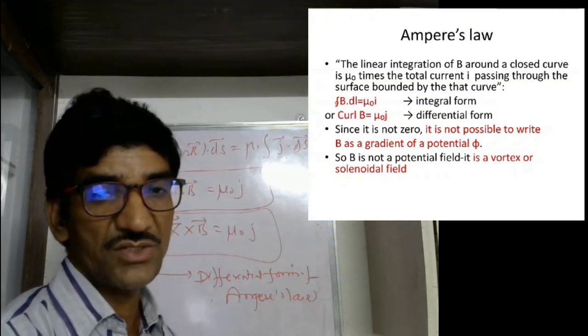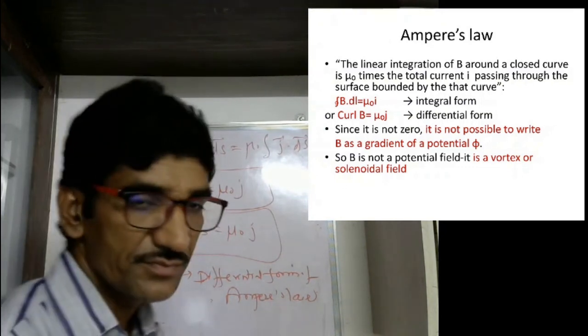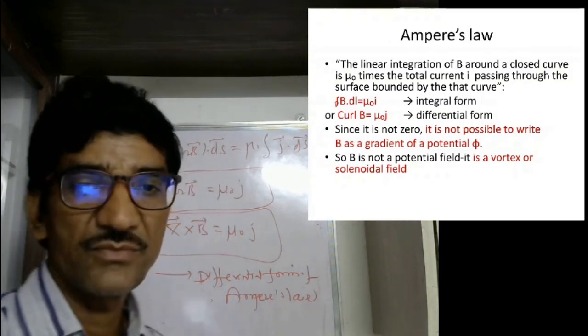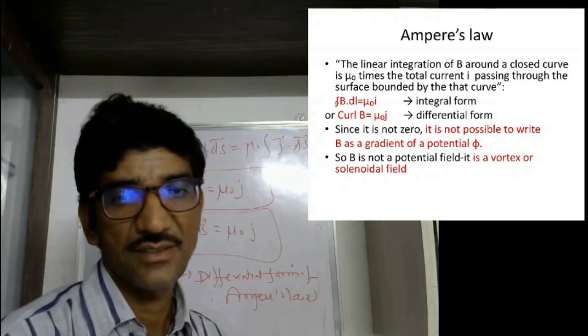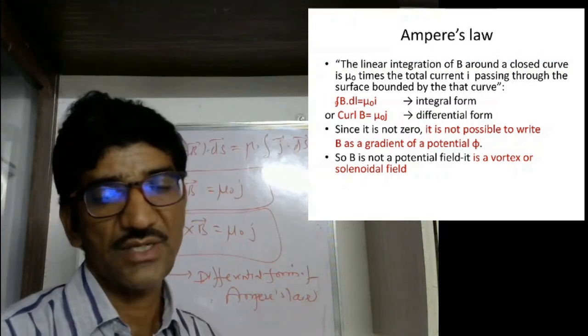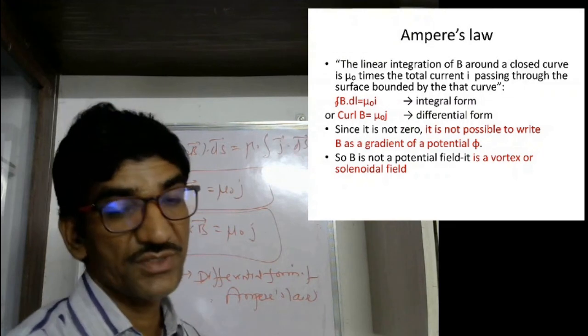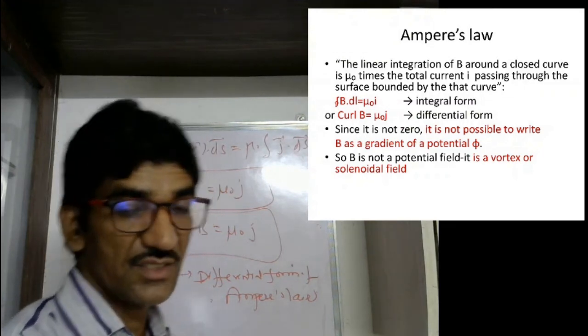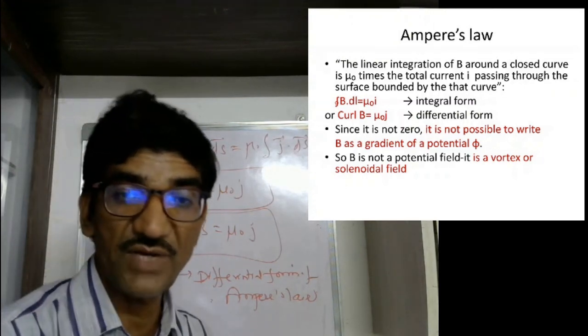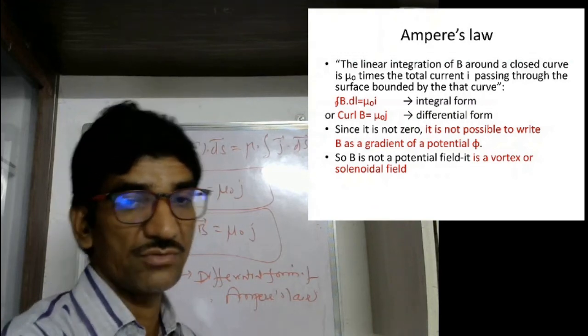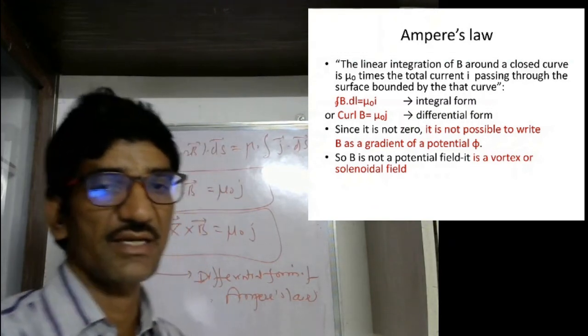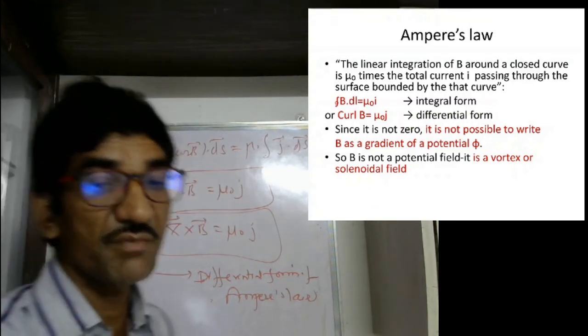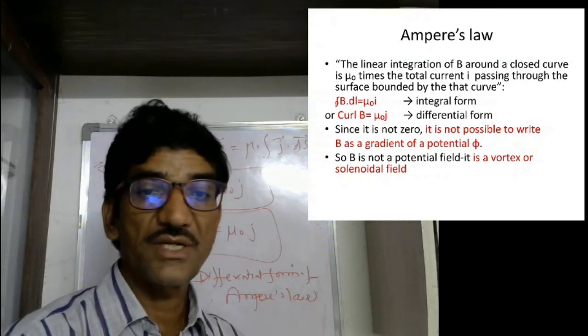From Gauss law of magnetism, we noted that the total magnetic flux through a closed surface is 0. This is nothing but the nature of B itself. Why? Because we do not have isolated magnetic charges in the universe. That means we do not have isolated monopoles.